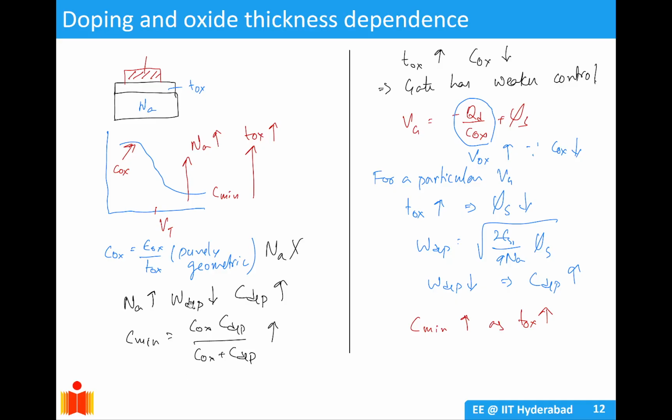So your C min will increase as your Na increases.